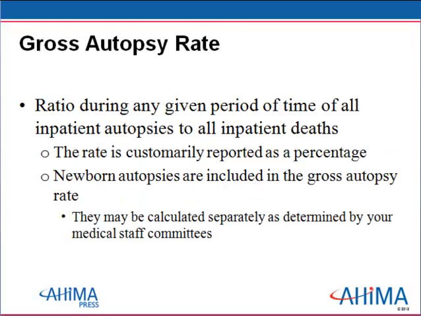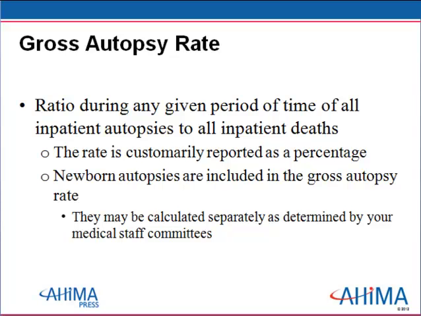The autopsy rate is the proportion of deaths that are followed by the performance of an autopsy. The gross autopsy rate is the ratio, during any given period of time, of all inpatient autopsies compared to all inpatient deaths. The rate is usually reported as a percentage.